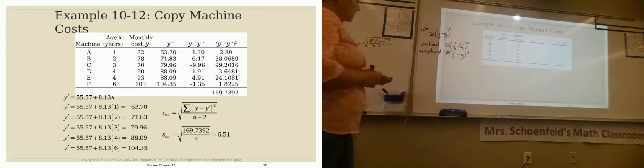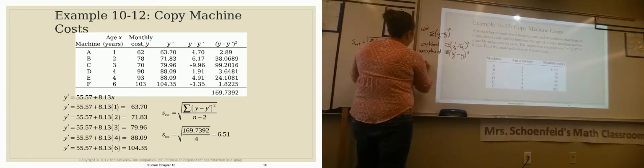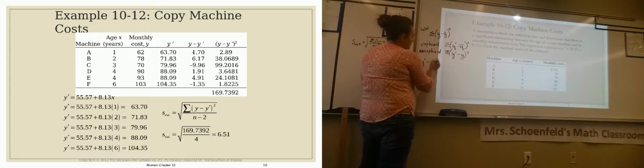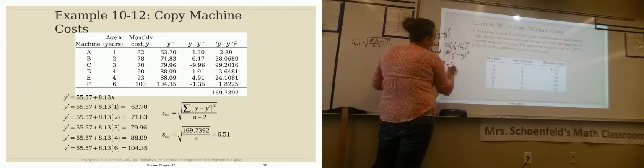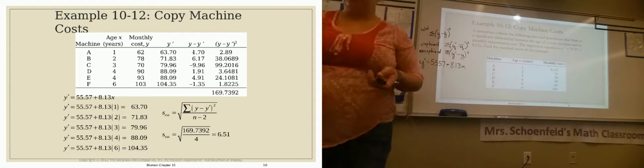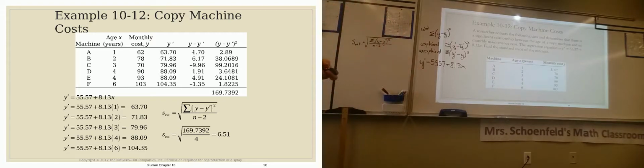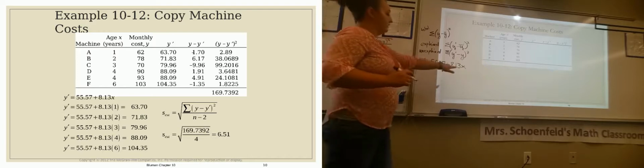I need to write down that equation that they gave us. And they said it is y prime is equal to 55.57 plus 8.13x. Okay, so now we're going to plug in 1 into that thing.